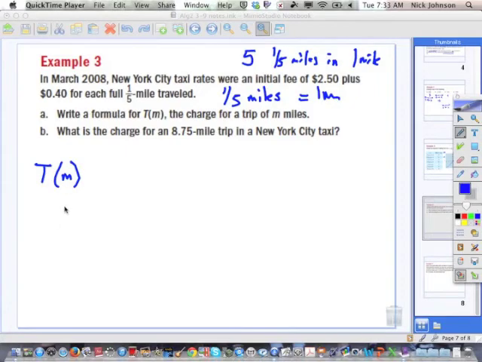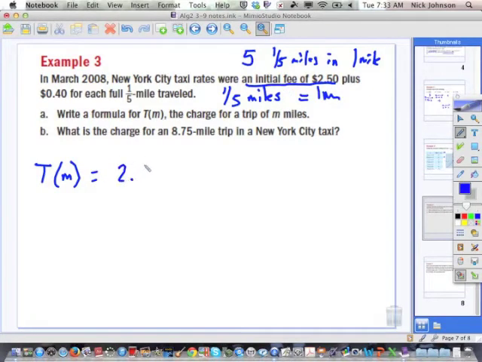So 5m is going to be the number that I put in for my equation for my function. Looking at this, as soon as we start driving, they are charging us $2.50. Plus they are charging 40 cents for 1/5 of a mile.